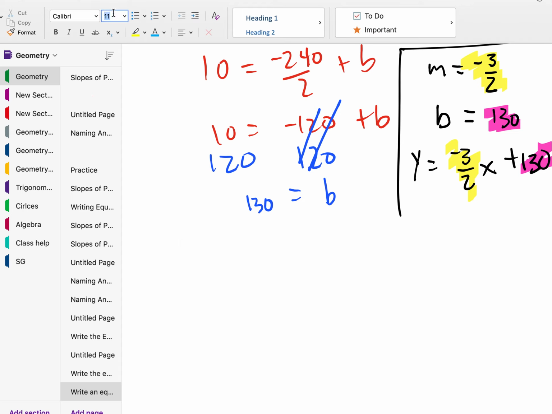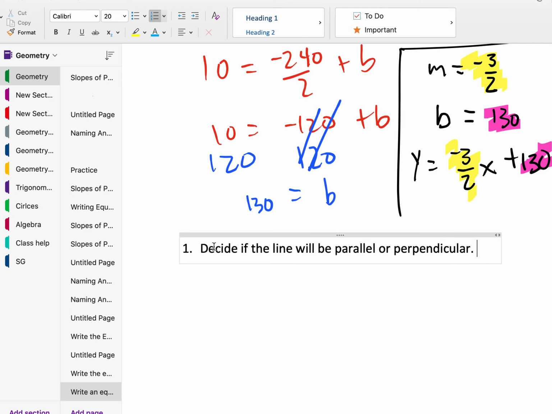So the first step is really we decide if it's parallel or perpendicular. With parallel, we leave the slope the same. If it's perpendicular, we change the slope.